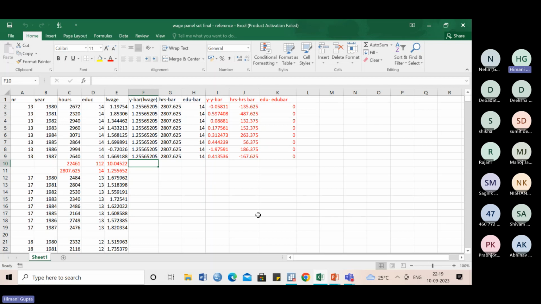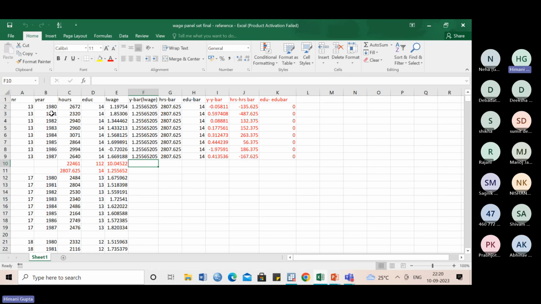In that file, you will find these variables. I have taken different individuals in that, but just to explain how the fixed effect is going to work, I have taken only one cross-section. This is employee number 13, employee number 17, 18. I have given you many employee numbers by which the salary is being decided.